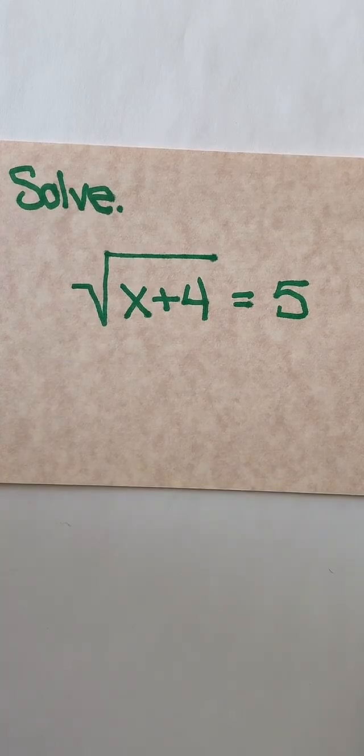Okay. So let's take a look. So we have the square root of x plus 4, so that x plus 4 is underneath that radical, equals 5. So I got a couple of people with 21. Brian Matthews with 21. Pitch Black 21. Dr. Manuel 21.